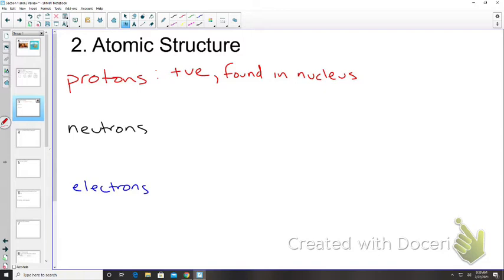Why are protons important? If I tell you an element has 8 protons, what could you tell me from that? What the element is. Perfect. So if something has 8 protons, it is automatically oxygen, always. It tells us what the element is.